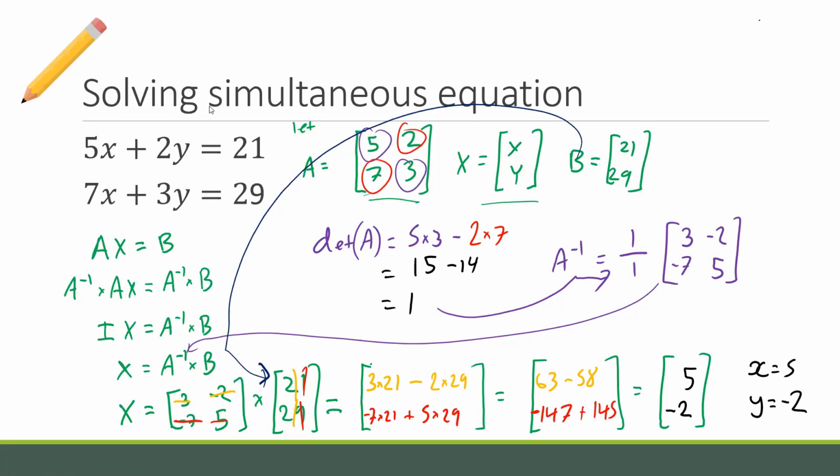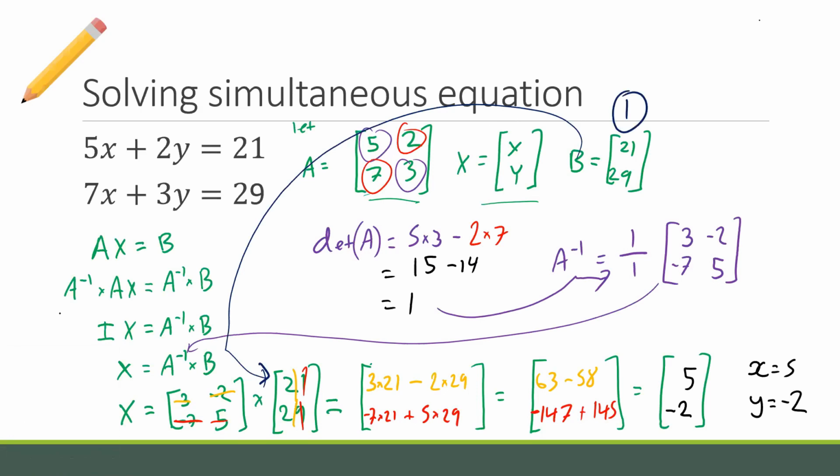Someone then asked, will we get these questions a lot in test exams? Well, Dylan, my answer to that would be this. How many marks do you guys think a question like this would be worth? 4 or 5? If I had to guess, converting into a matrix would be worth 1 mark.